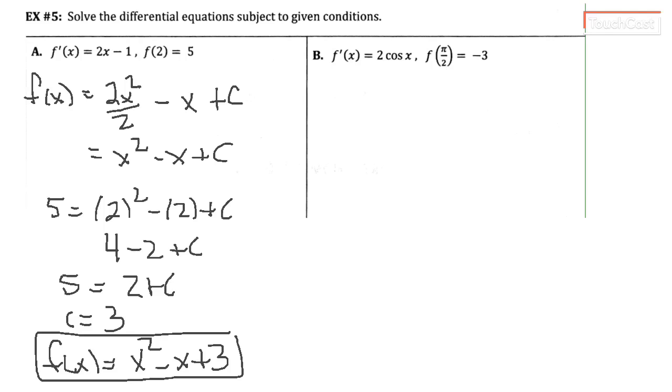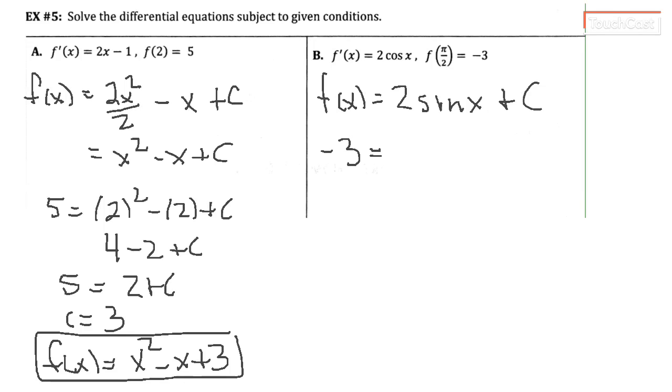Alright, let's look at b. We know the derivative is 2 cosine x, and when x is pi over 2, y is negative 3. First we're going to work backwards. We know that the function whose derivative is cosine is sine. So when we're looking for our antiderivative, we have f of x equals 2 sine x plus c, and then we replace x with pi over 2 and f of x with negative 3.